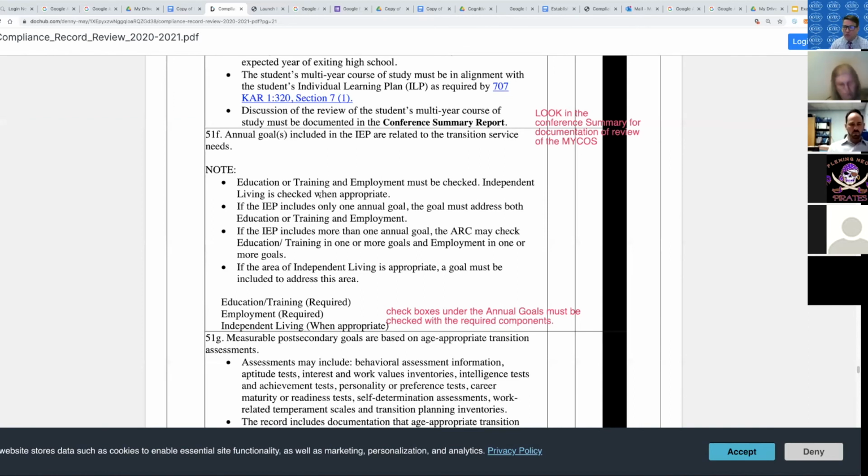But if you have several goals, you need to make those goals specific to each one. So if you got 3 goals, you could mark 1 for education training and 1 for employment, and then maybe 1 for education and training again, or 1 for independent living. But if you only have 1 goal, the guidance document says clearly that you can mark all of those areas under that 1 goal.